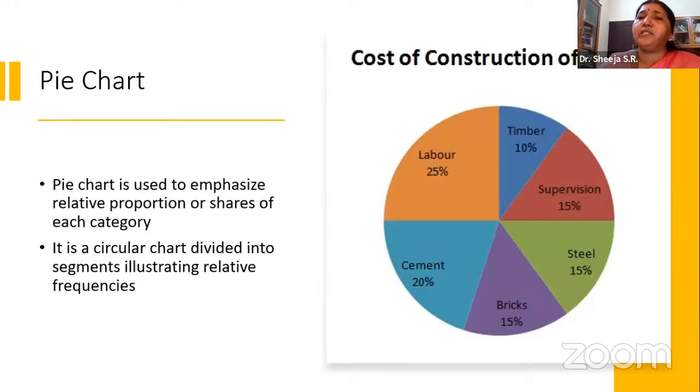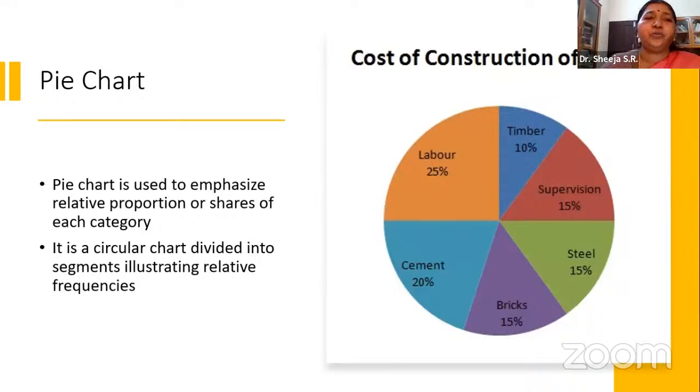So for labor and cement, nearly 45% of the total cost of construction is used. Then when we include bricks also, 45 plus 15, a total of 60% of total expense is used for these 3 items.